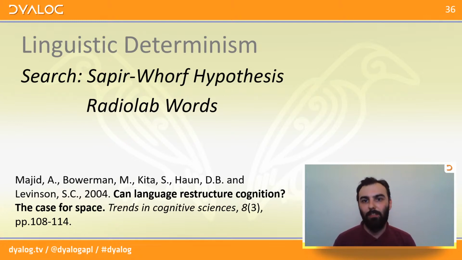If you want to read more about this, look up Sapir-Whorf hypothesis, and there's a Radiolab podcast episode called Words, which I really enjoyed. I think that's the one where they talk about people who were born deaf, and as a result, they never ended up learning a language for speaking and listening.